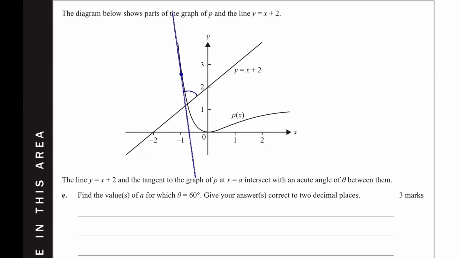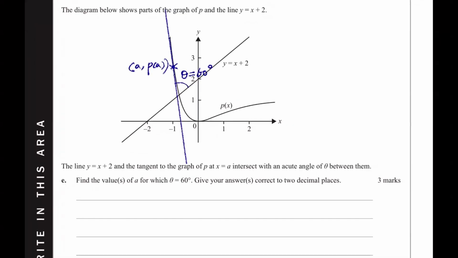So basically, that is one possible case. Theta equals 60 degrees. And so what I'm trying to say is now, because this is x plus 2, this is 45 degrees, okay? When this is 60 degrees, this is also 60 degrees.